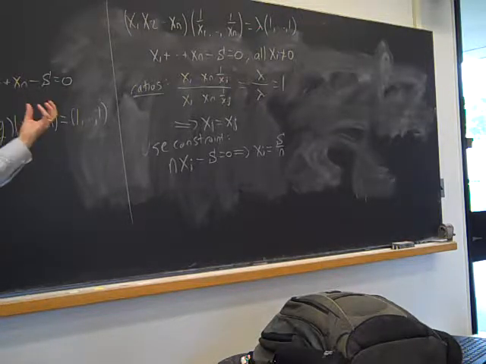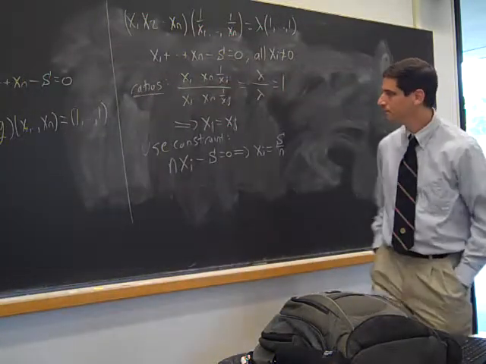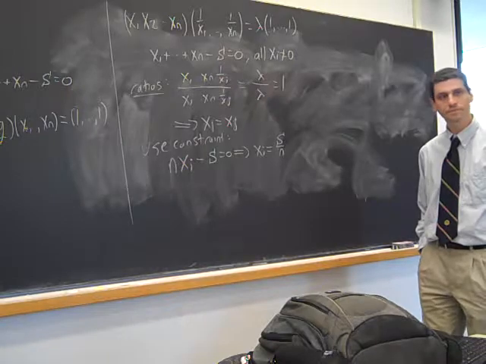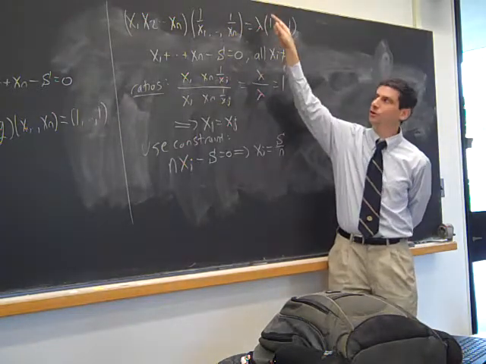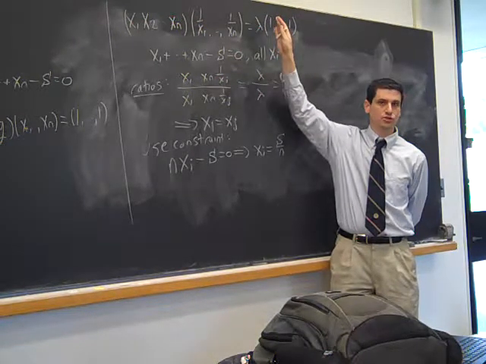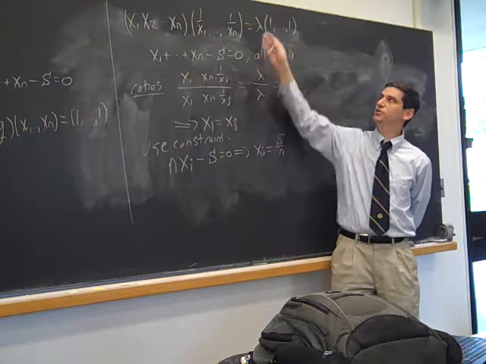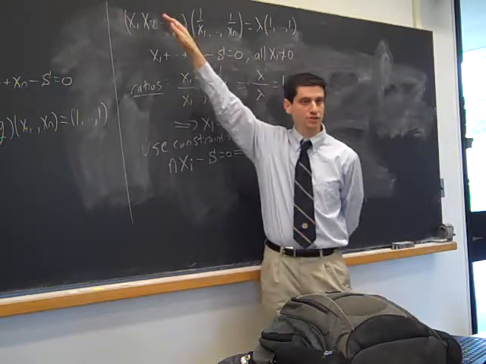Any questions about this? Yes? I don't get exactly what is happening when we did the ratios part. Well, we're trying to solve this. We're trying to figure out what we can say about the x's to make this true. When we do Lagrange multipliers, if we take ratios, we eliminate the lambda, which is good, and we eliminate this product, which is good.